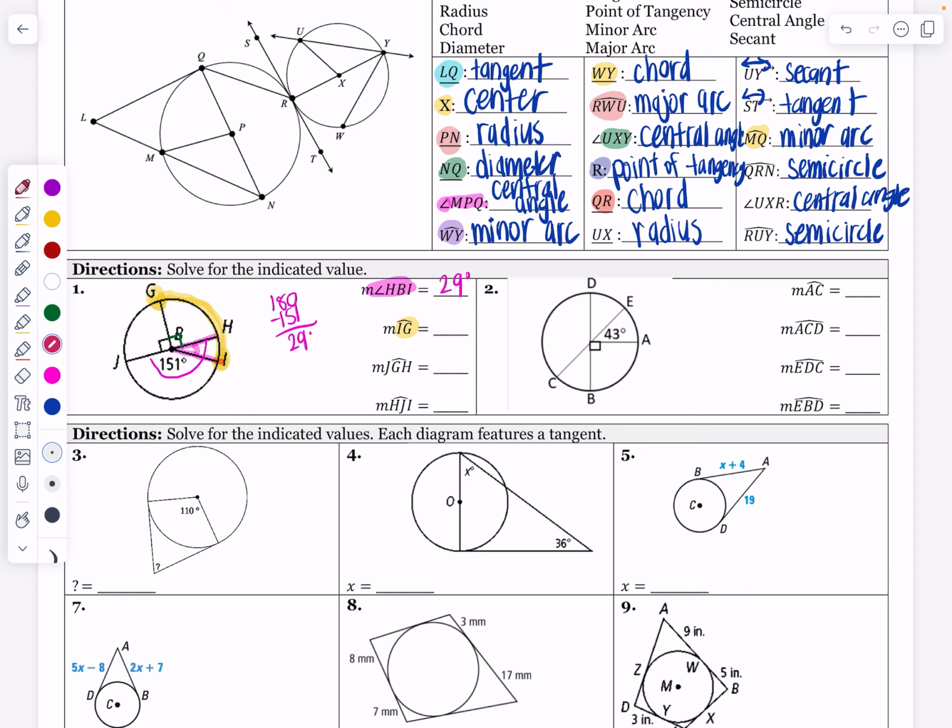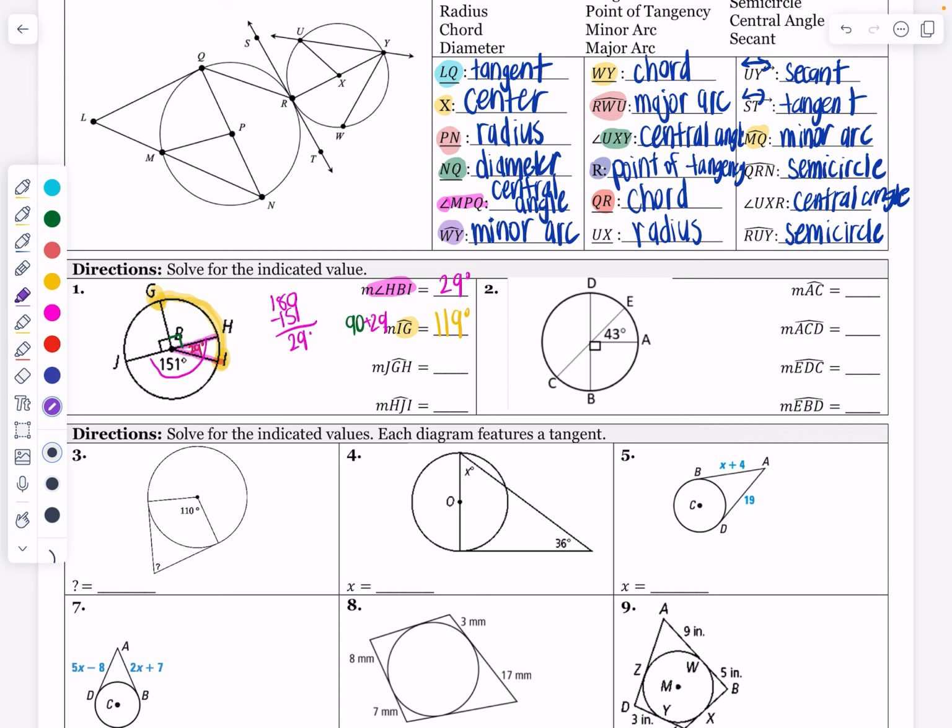And we just found that this angle right here is 29 degrees, so it is going to be 90 plus 29. So what is 90 plus 29? That is going to give me a sum of 119 degrees, for that arc in yellow, 119 degrees.